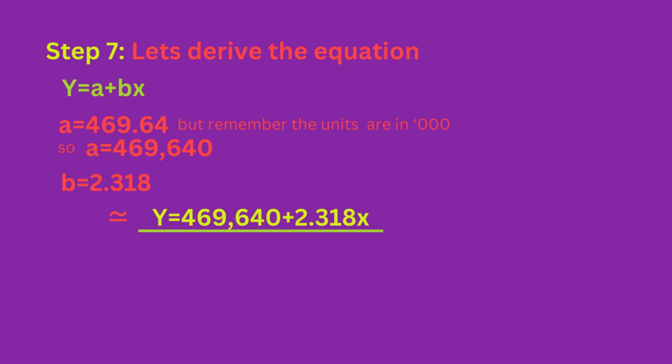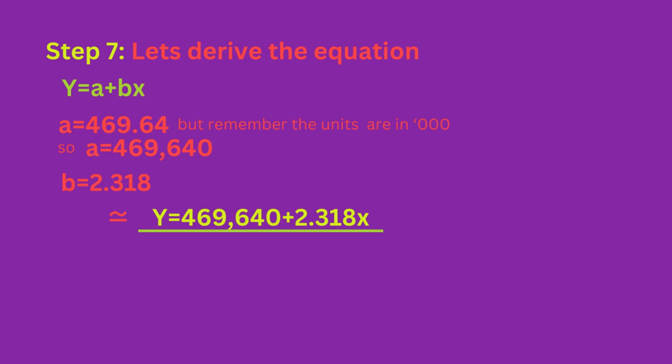469,640, and b is 2.318. So our formula will be y is equal to 469,640 plus 2.318x, where as they prepare the overhead budget, they will be replacing x with the number of products they want to produce. So our equation is now complete.